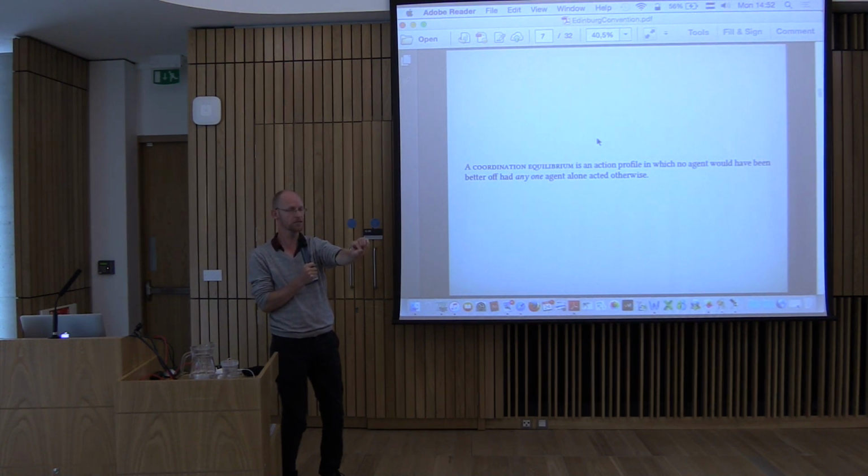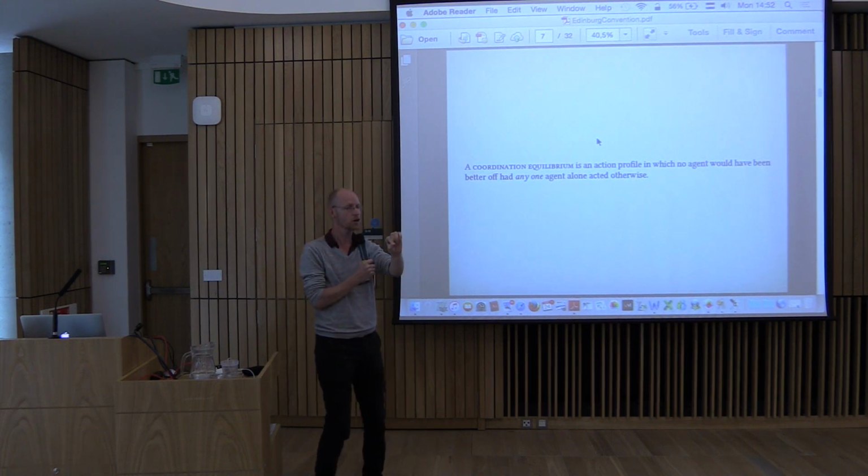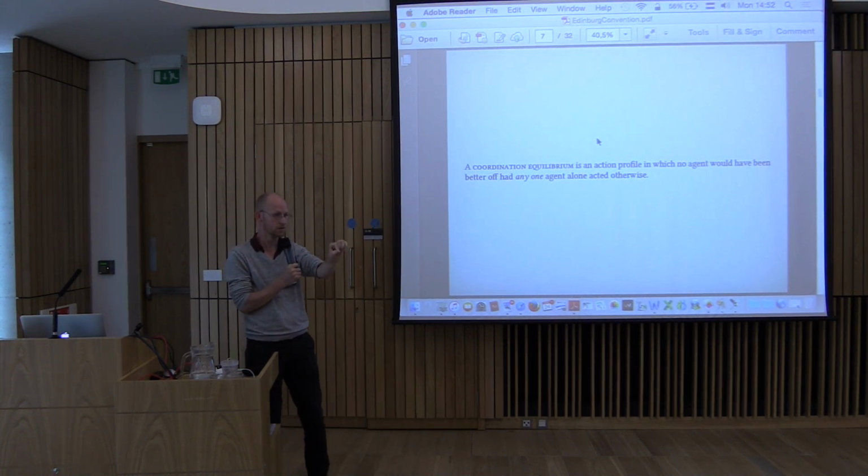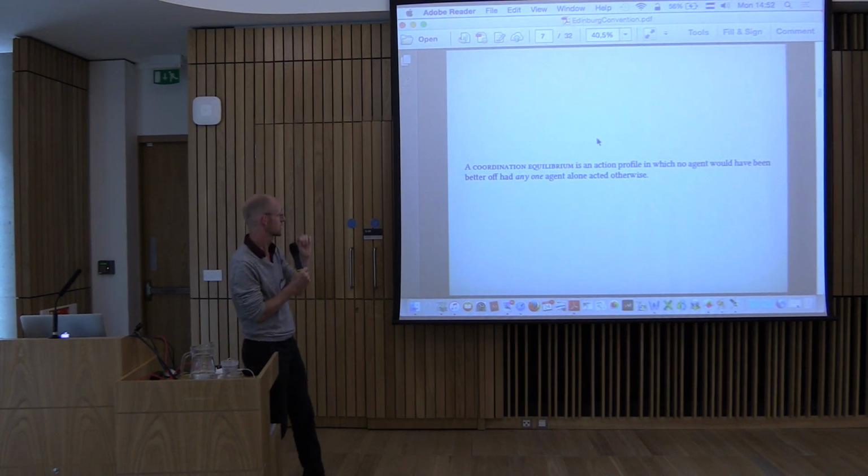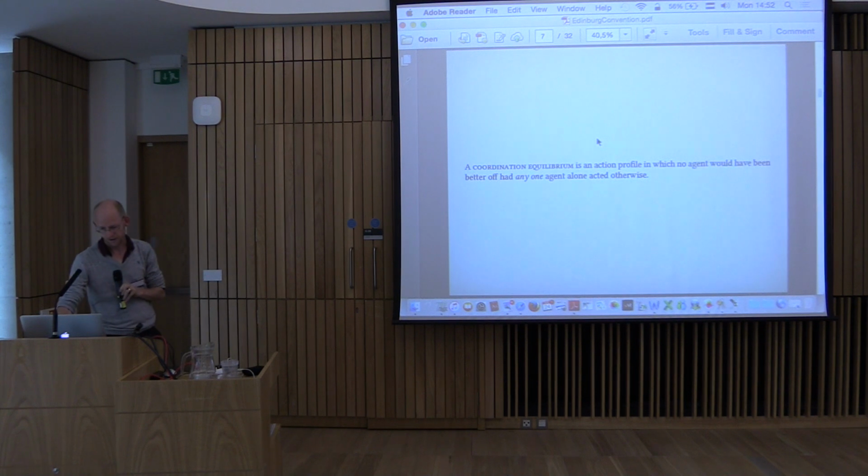So you yourself don't benefit from doing something else if everybody else does his part of the equilibrium. A coordination equilibrium says not only that you couldn't be better off if you deviate, but nobody else could be better off if you deviate. So that's a stronger notion of equilibrium. It's a coordination equilibrium. Let's see how that works.